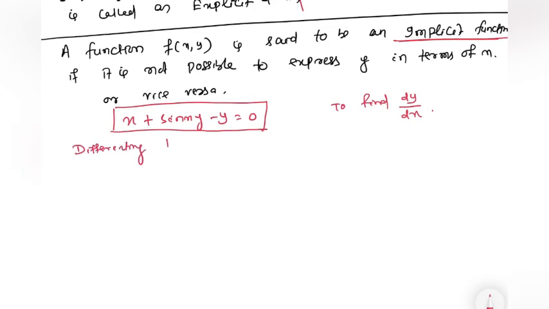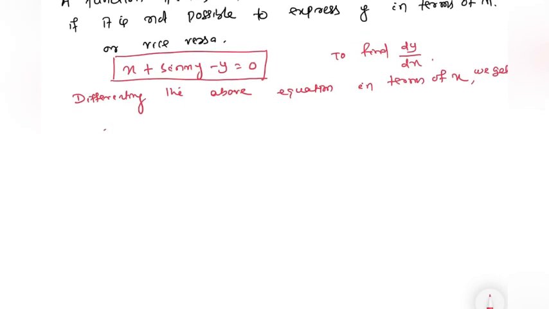Differentiating the above equation in terms of x, differentiating y in terms of x, we get the derivative of x plus sin xy minus y.